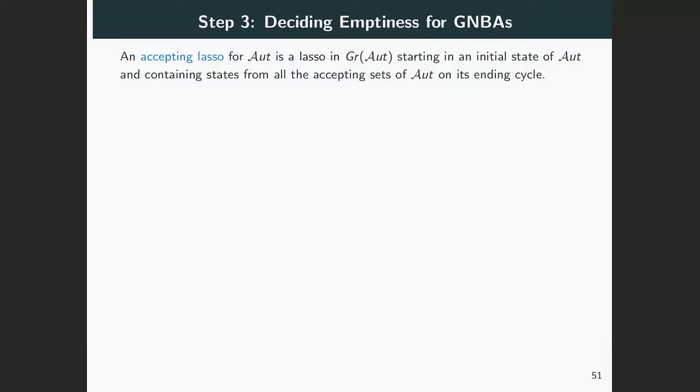Back to our automaton OT. An accepting lasso for OT will be a lasso in its underlying graph that has two properties. First, it starts in an initial state of the automaton, and second, it has a non-empty intersection with all the accepting sets of the automaton.